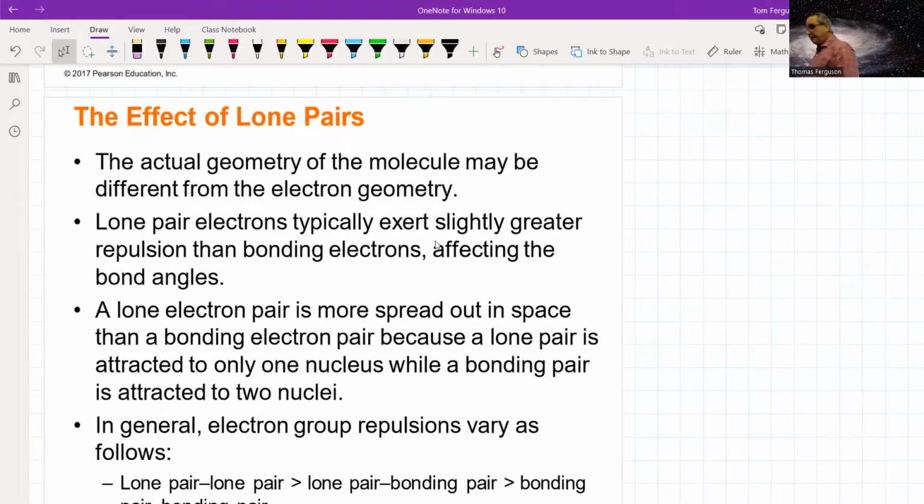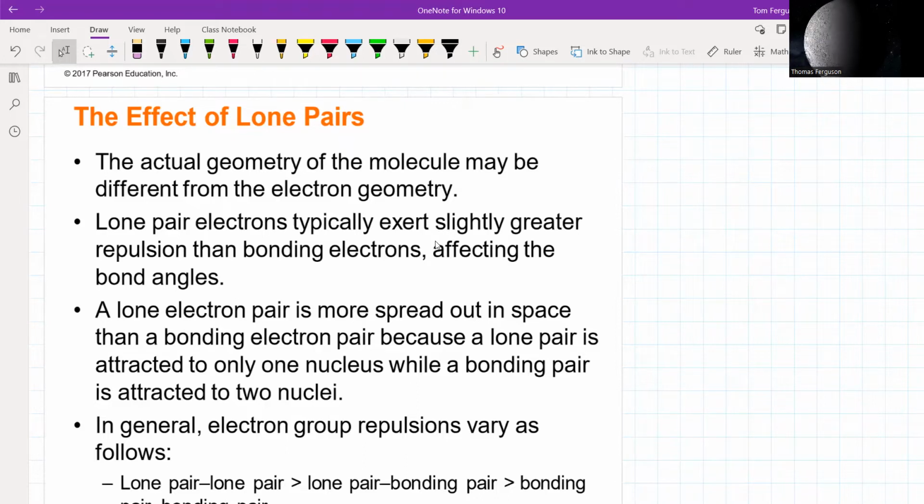Now, a lone pair is an electron group. A bond is an electron group. They both have 2 electrons, but they're not equal. They're not equal at all.